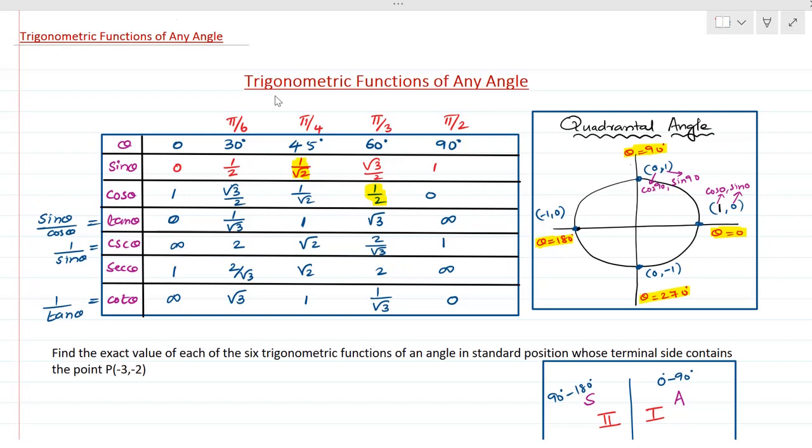Similarly, cosine 90 is 0, sine 90 is 1. Cosine 180 is minus 1 and sine 180 is 0. And similarly, cosine 270 is 0 and sine 270 is minus 1. So this is what we'll have.